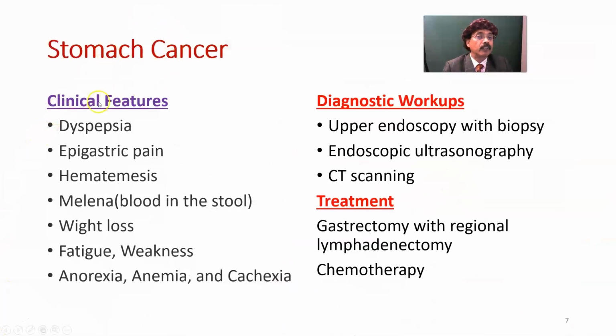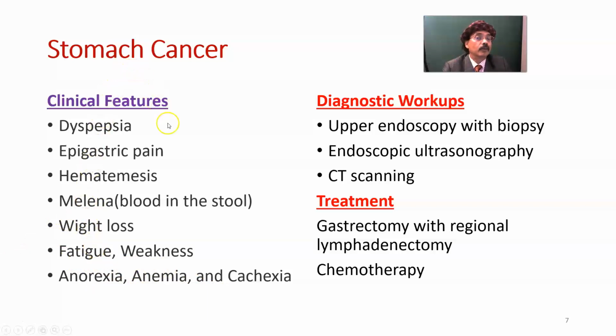Stomach cancer clinical features are vague initially, but this is the common picture. Dyspepsia, not dyspnea, dyspepsia, indigestion, epigastric pain, hematemesis, that is vomiting of blood, melena means black, tarry and sticky stool, weight loss, fatigue, weakness, anorexia, anemia, and cachexia.